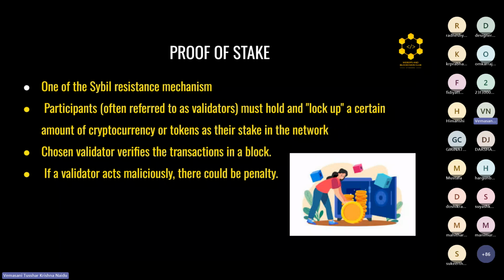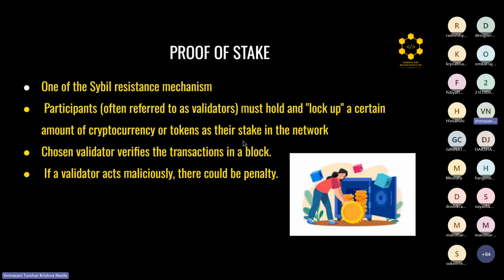If a validator acts maliciously, he would lose whatever stake he has put up in the network. The nodes have very high stakes in the network, so the higher the stakes, the better the nodes would behave.